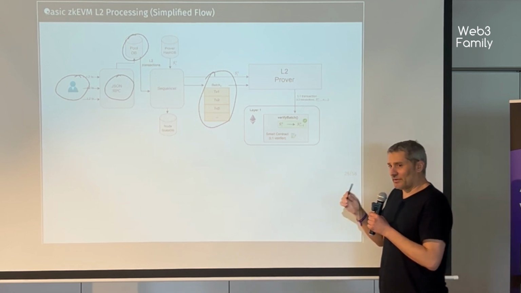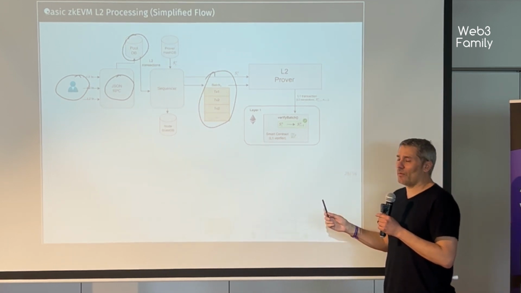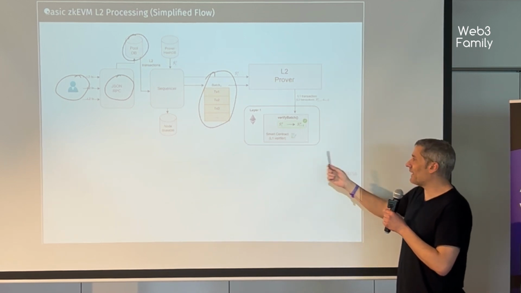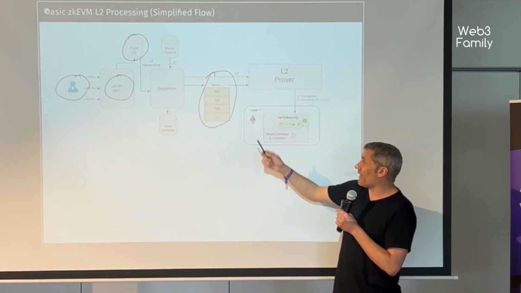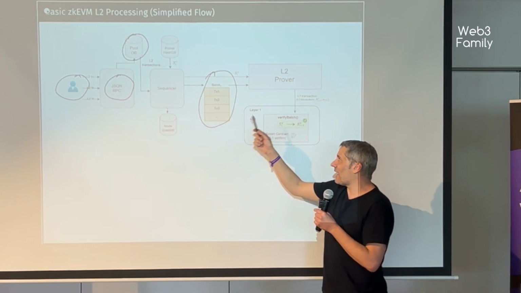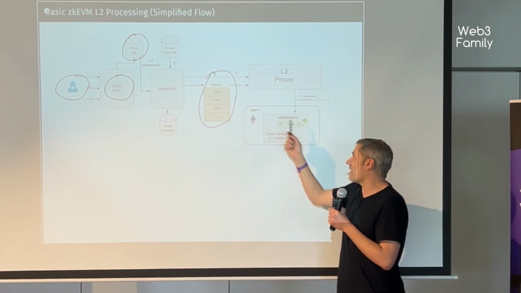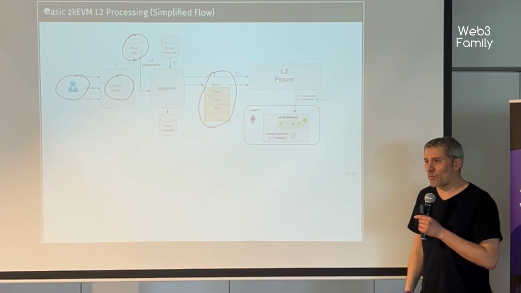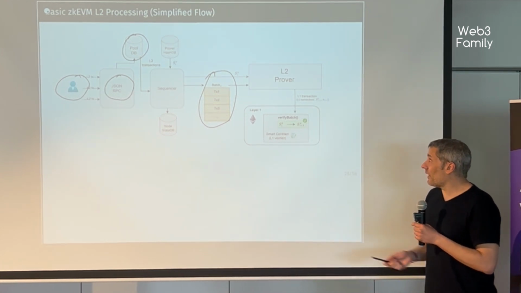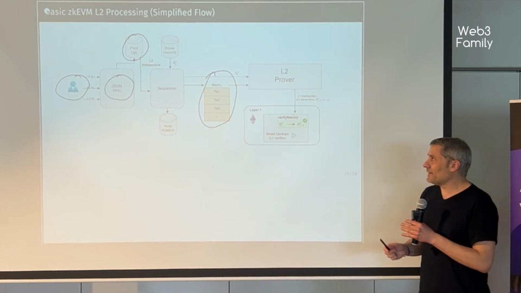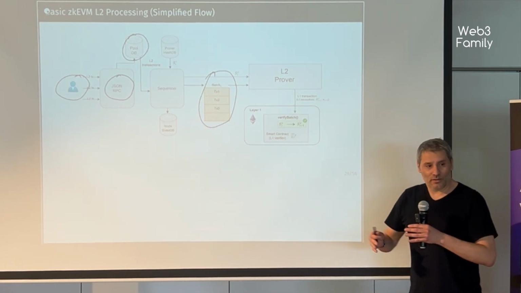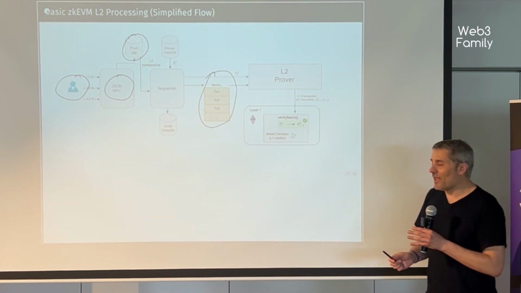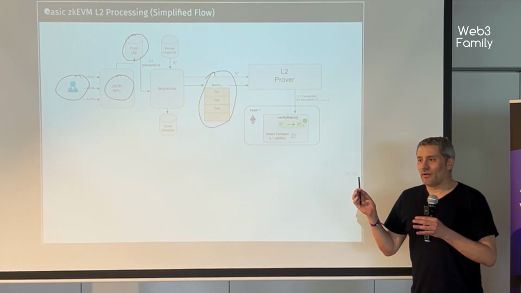To move to the new state, we need the prover, and the prover will create a proof that proves that we were in a certain state, and after executing these transactions, we are in a new state. We submit this proof to the layer 1 smart contract, and the smart contract checks the proof and says, okay, the new consolidated state is this one.